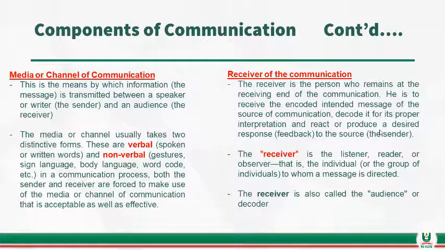The fourth one is the receiver. The receiver is the destination at which the message ends. The receiver is the person at the receiving end of the communication. He is to receive the encoded intended message of the source. The receiver can also be referred to as the listener, reader, observer, audience, or decoder.